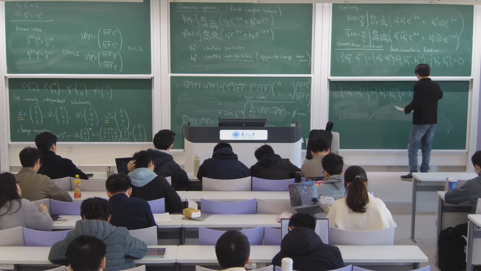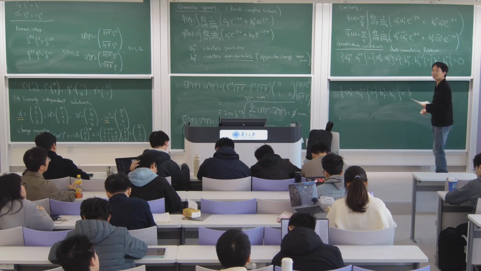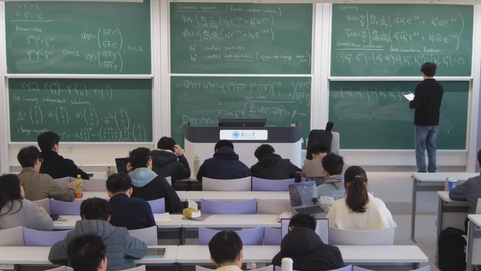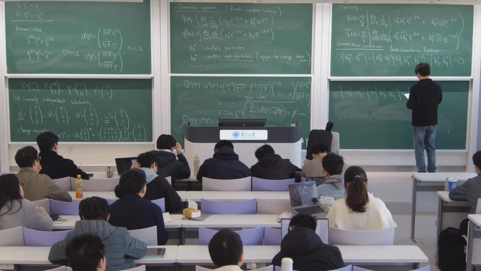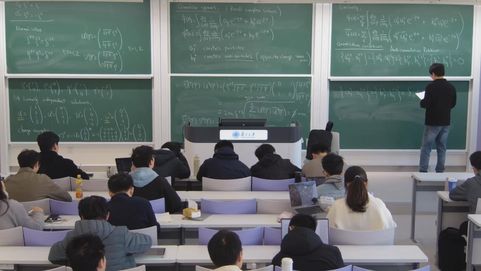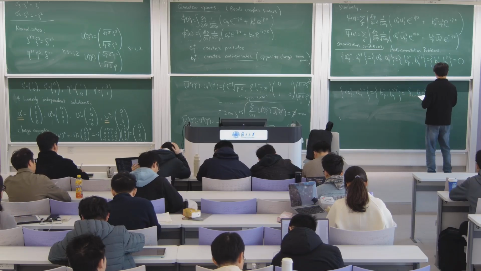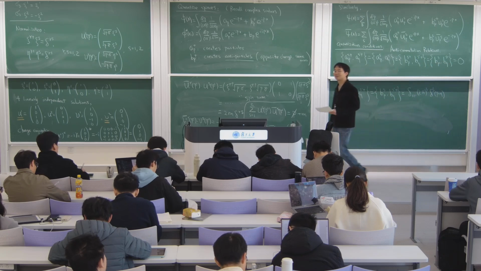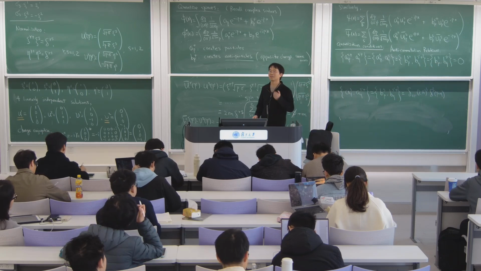Because there's one more spin index, we have a Kronecker delta at this time. And all the others are the same. There's also a three-dimensional delta function, p minus q. Okay, and there's a 2 pi cubed on the right-hand side. Okay.